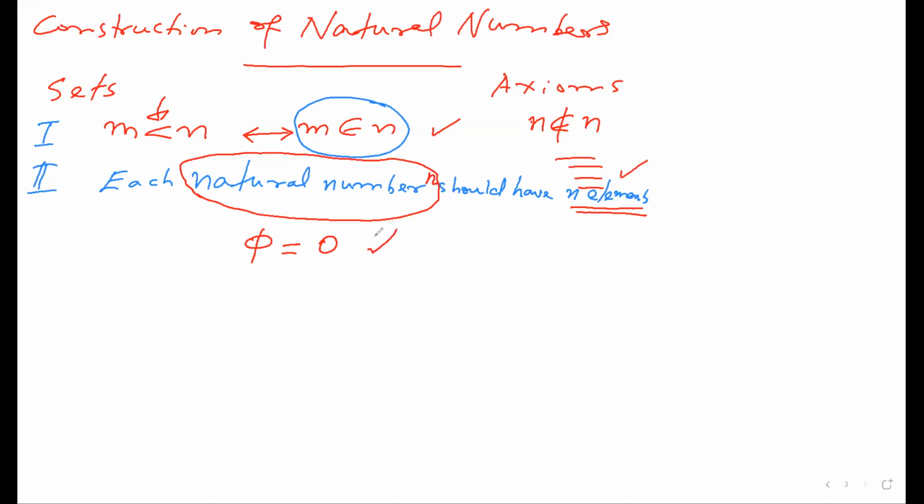Now, there is another reason why everything depends on the empty set. Now, the empty set is interesting. It is the set that is contained in every set, isn't it? Empty set is defined as the set that is contained in every set. If you give me a set A, then the empty set is contained in it.